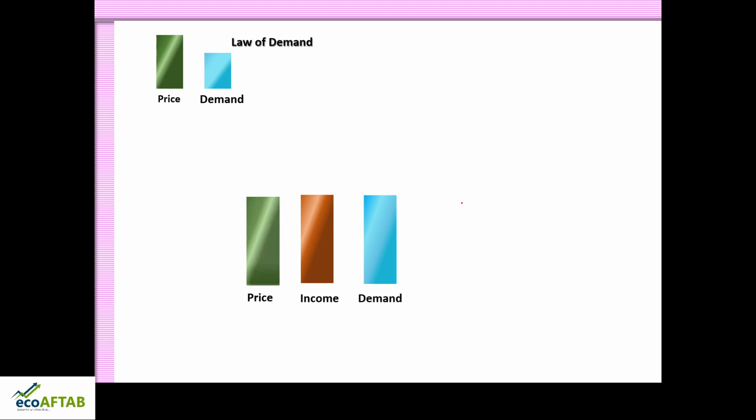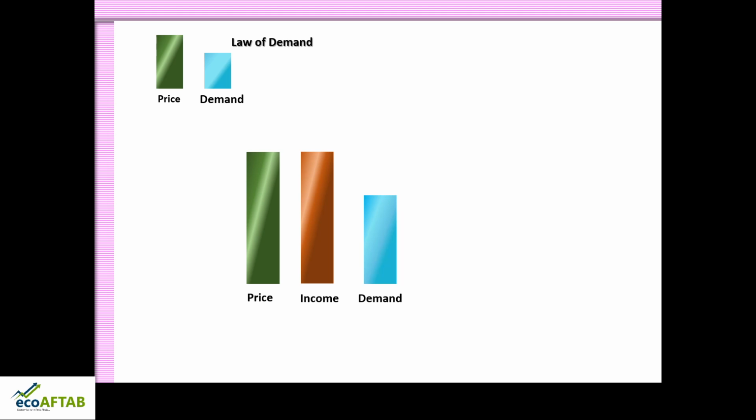So now let us see, if you assume the price has increased and even the income has increased, can you guess what will happen to the demand? If I say the price is 5 rupees and the income is 5 rupees and the demand is 1 unit. Now if the price has become 10 rupees and even the income has become 10 rupees, how much will the consumer buy?